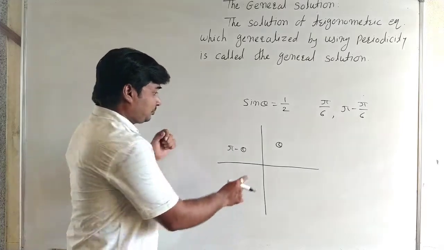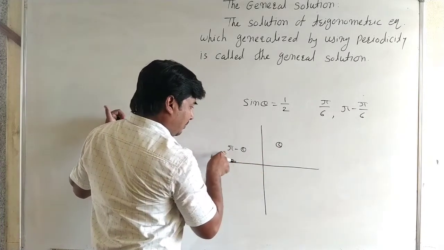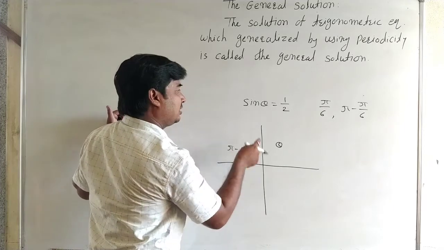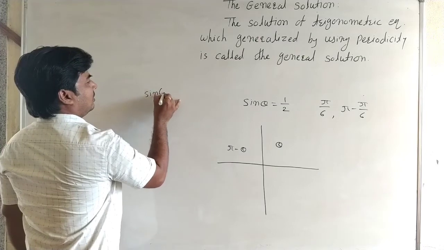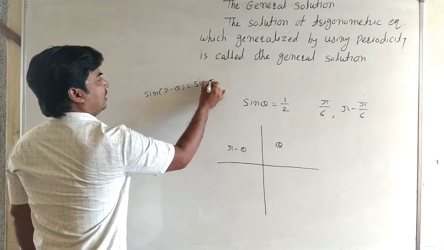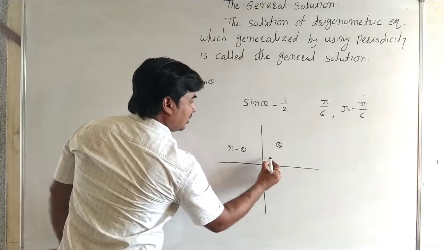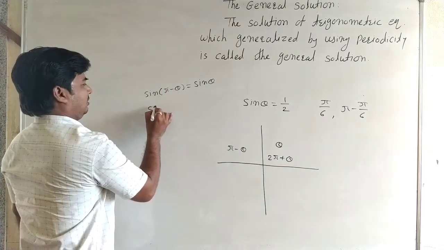But here sin theta is equal to 1 by 2, that means sin pi by 6. Sin pi minus theta is sin theta, and we also know that sin 2 pi plus theta is also sin theta.